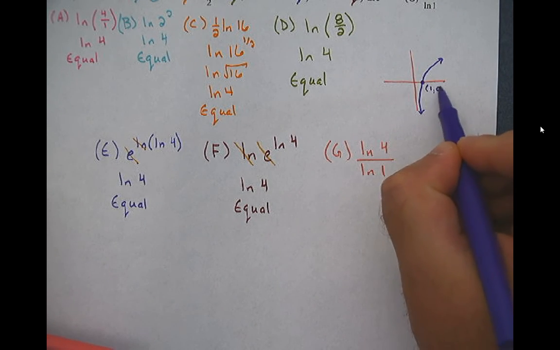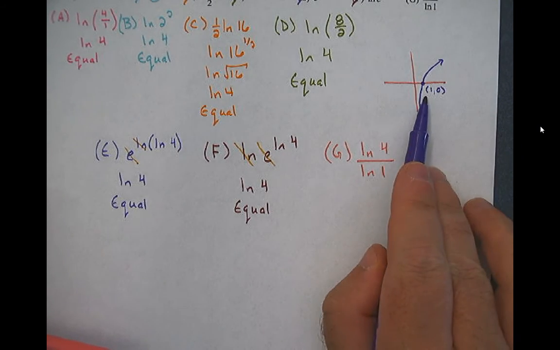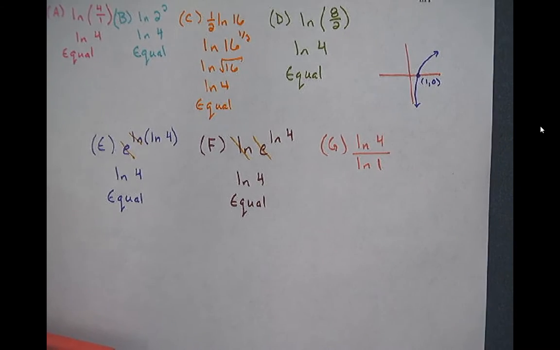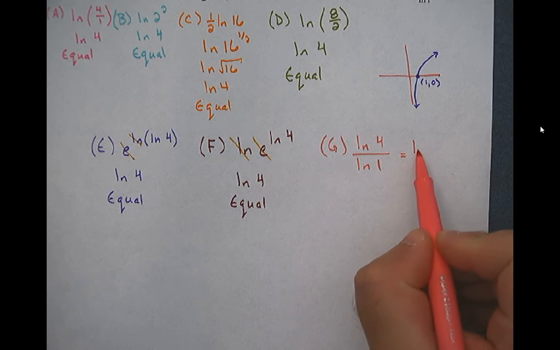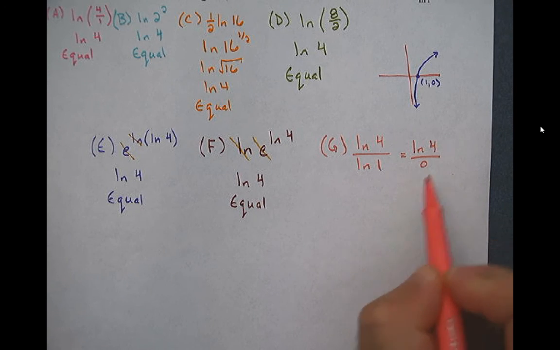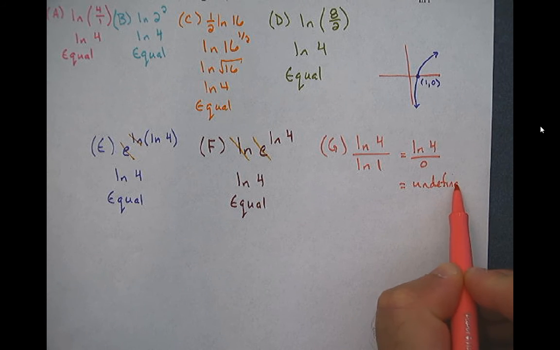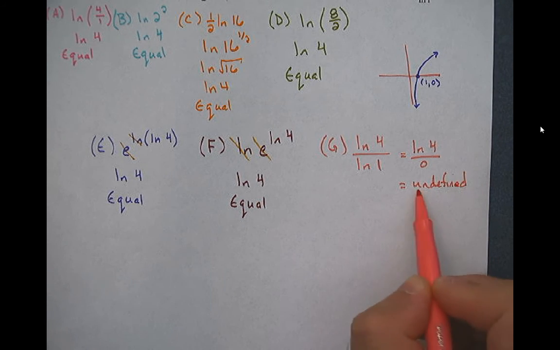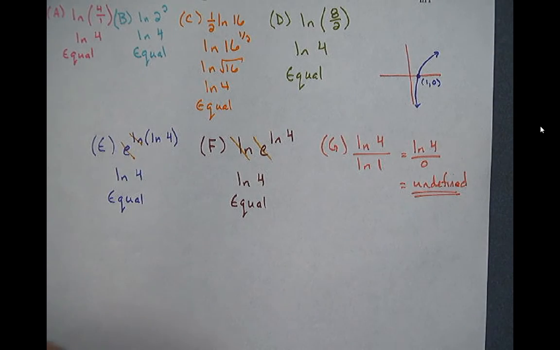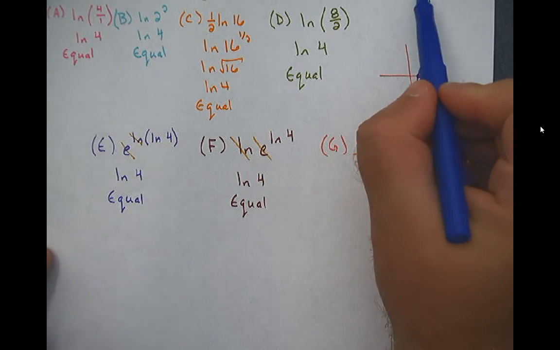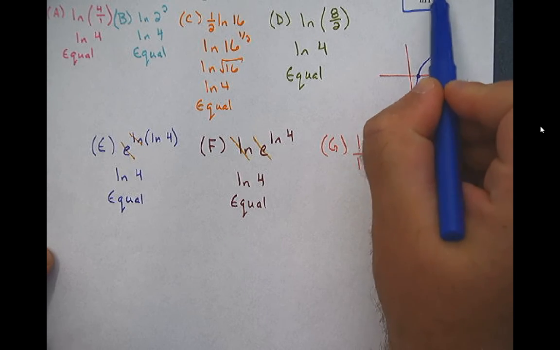This is the point (1, 0). So if you take log of 1, you'll get an answer of 0 no matter what log you're doing. So this would actually turn out to be natural log of 4 over 0, which is undefined. So G is the one that fails the test of being equivalent to natural log of 4.